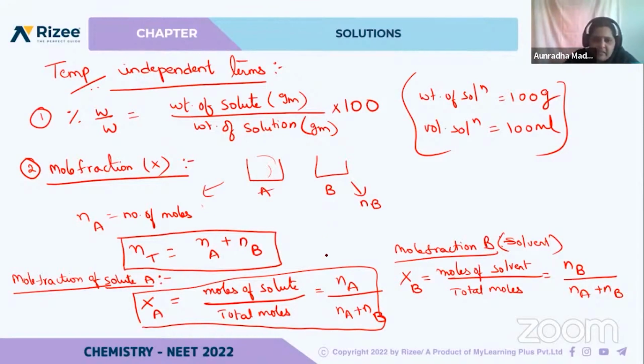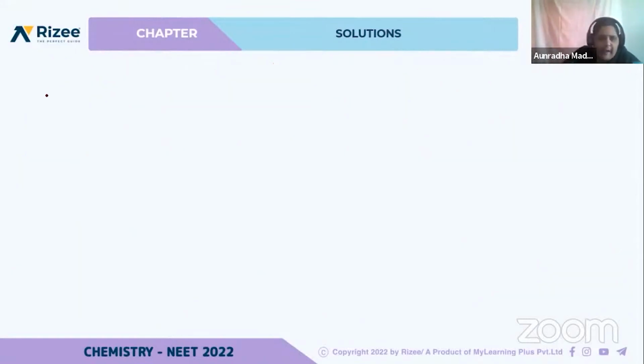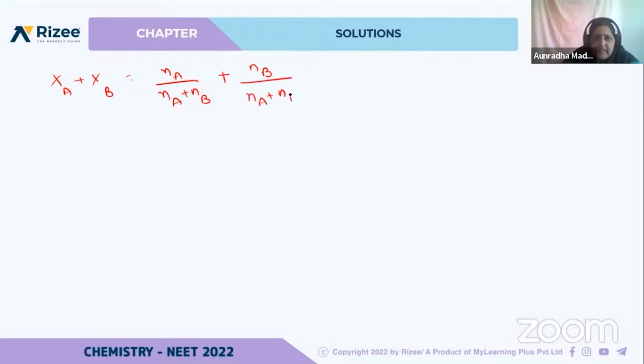If we add the mole fraction of solute A and the mole fraction of solvent B, XA plus XB is Na by Na plus Nb, plus Nb by Na plus Nb.